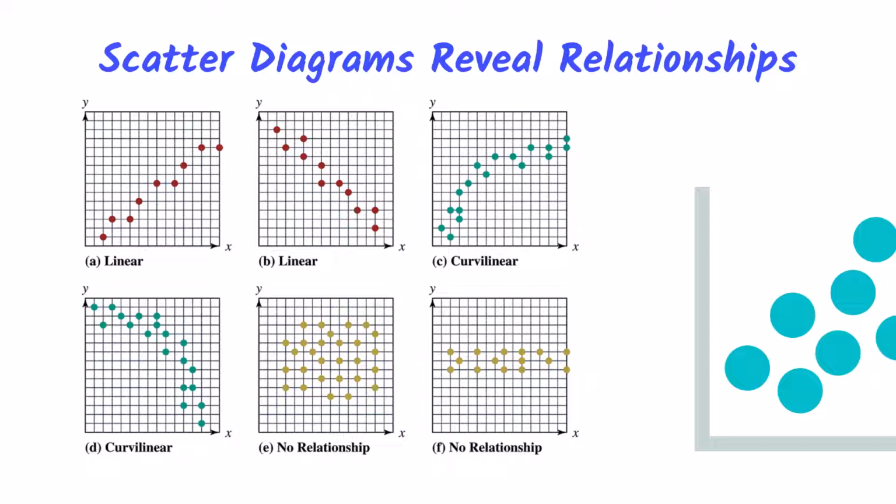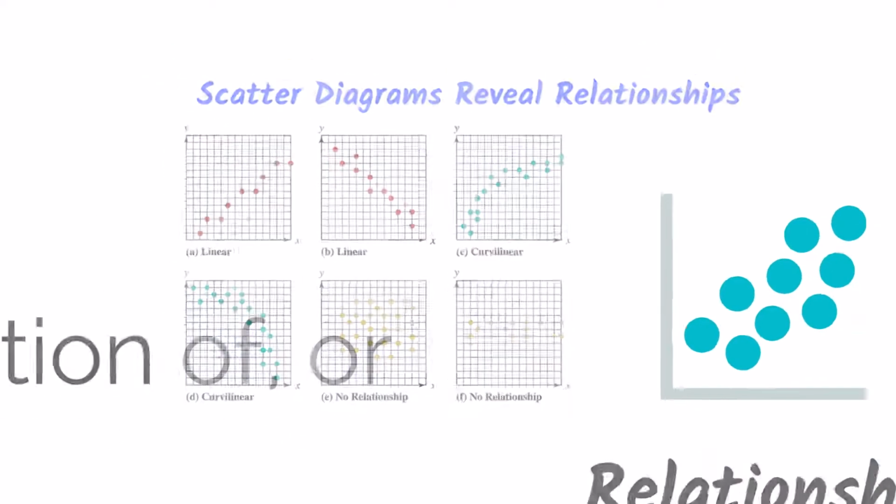In chart B, this is a negative linear relationship because as X increases, Y decreases. In charts C and D, these are curved linear, but we really are not going to cover these too much in this course. And then finally, charts E and F display no relationship. In other words, there's really no clear directional relationship between these dots.